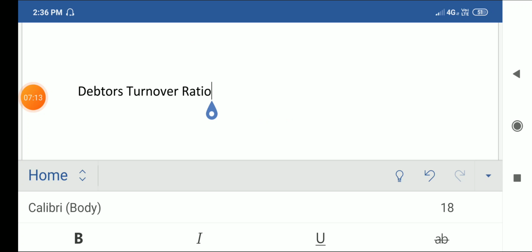Now we explain the debtors turnover ratio. It is also called the receivable turnover ratio. Every business undertaking sells goods for cash or credit. Those to whom goods are sold on credit are termed debtors or book debts.